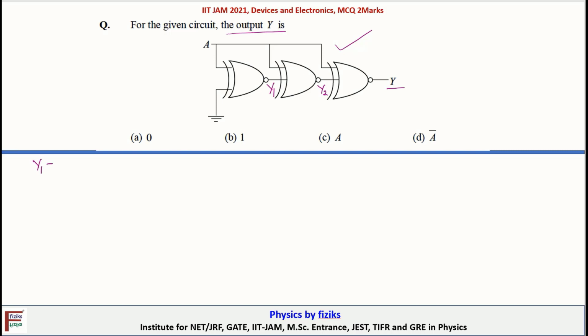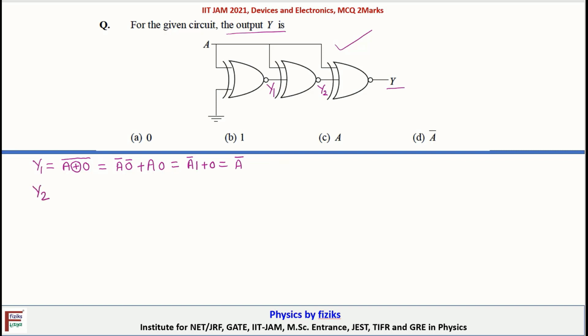So Y1 is given by A XNOR 0. And this can be expanded as A bar 0 bar or A0. So this will be A bar 1 or 0, and that will be simply A bar.